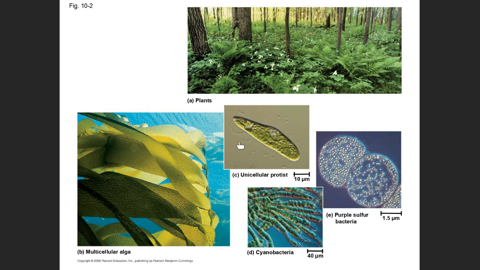And so Euglena are examples of some organisms which have characteristics of more than one kingdom. So again, it's green, it photosynthesizes like a plant, but it's not in the plant kingdom. It swims around and it engulfs food like an animal, but it's not in the animal kingdom.